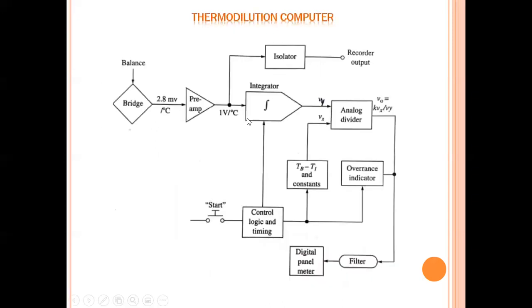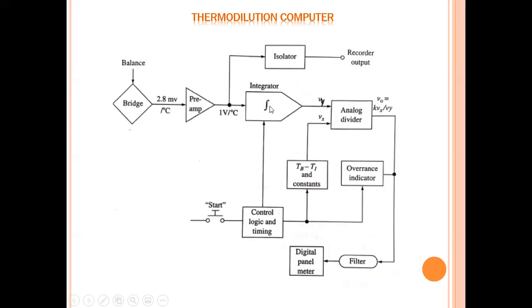So this is basically a thermodilution computer which uses a Wheatstone bridge as a sensing element, and it has a preamplifier, and there's an isolator which goes to the recorder output.